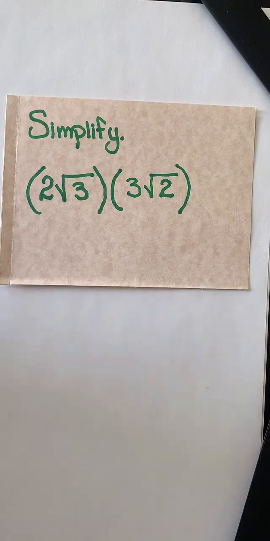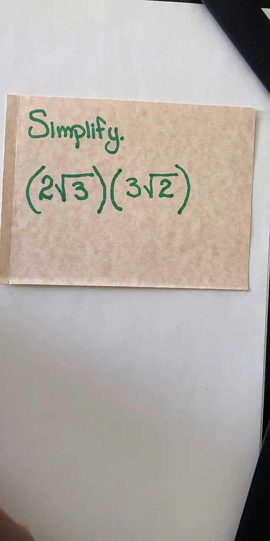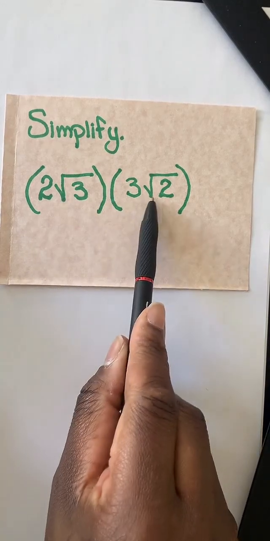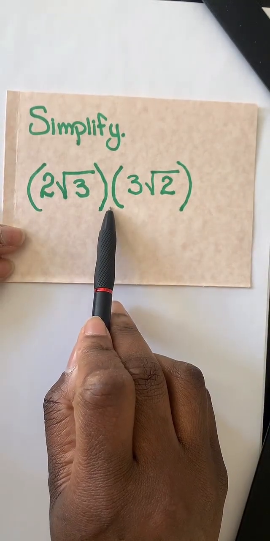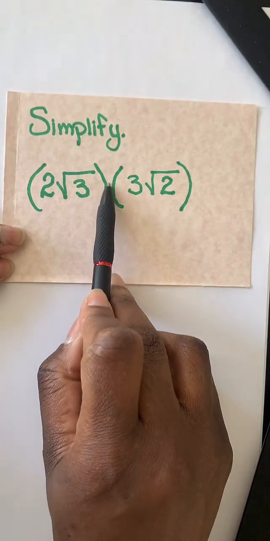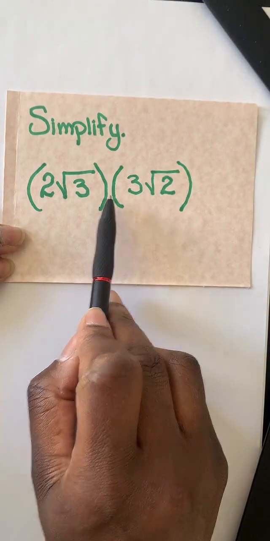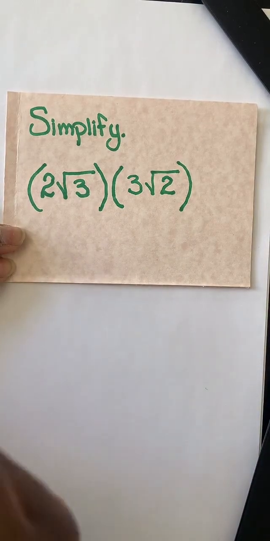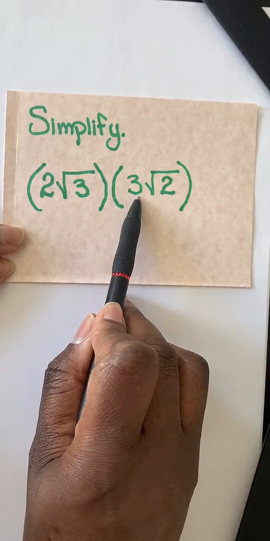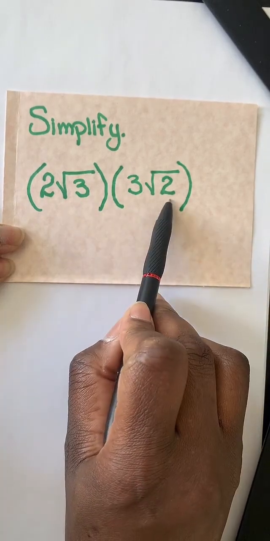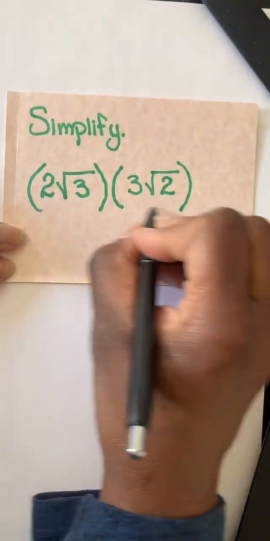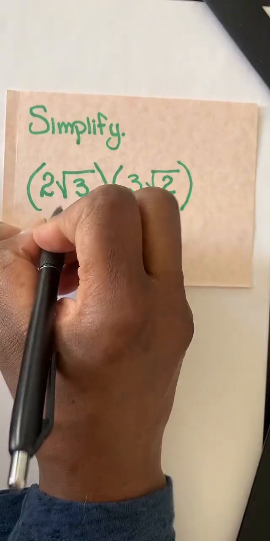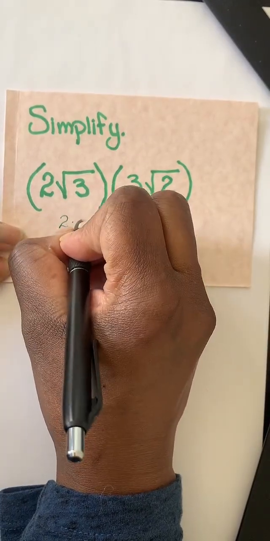All right, let me tell you the whole tea with all this. One, when you are multiplying with radicals, always take a look in between the parentheses to see if you are multiplying. Sometimes they slip a little addition or minus sign in there. You can only combine whole numbers with whole numbers and radicals with radicals. So if all of this is multiplication, I can group my 2 times my 3.